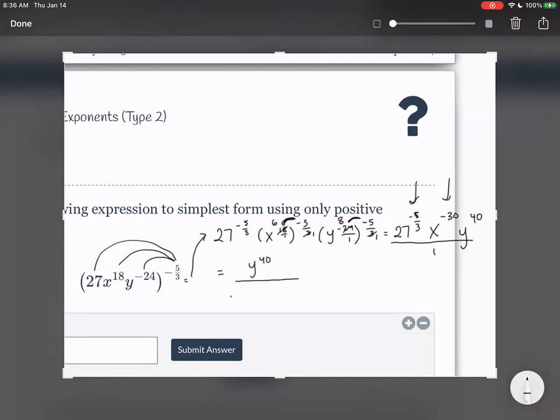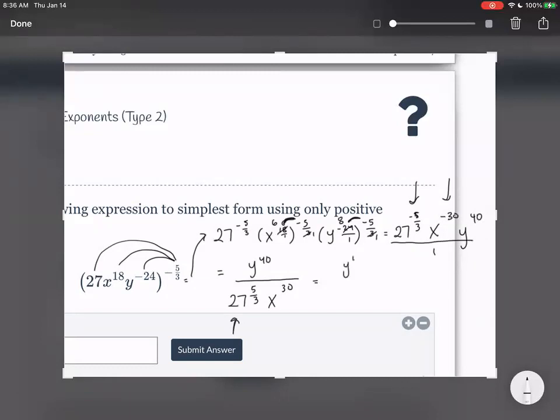And then on the bottom, it's 27 to the power of 5 over 3, x to the power of 30. So those negative exponents become a positive exponent, but they're just now on the bottom of the fraction. And then all we have to do is deal with the 27 to the power of 5/3.